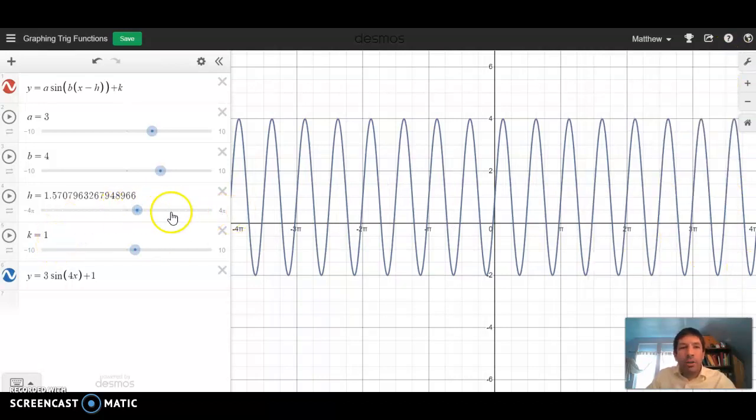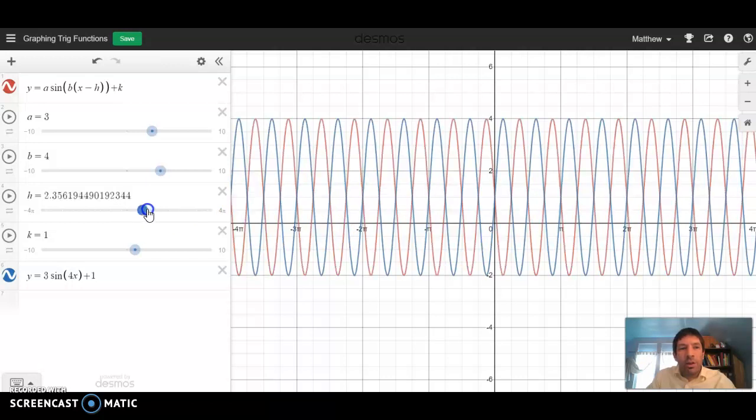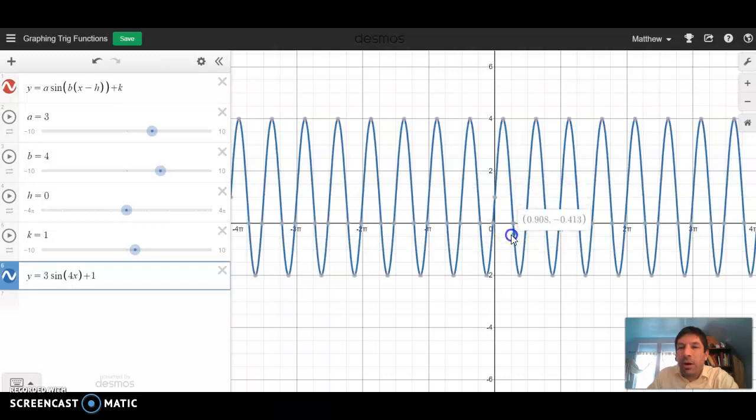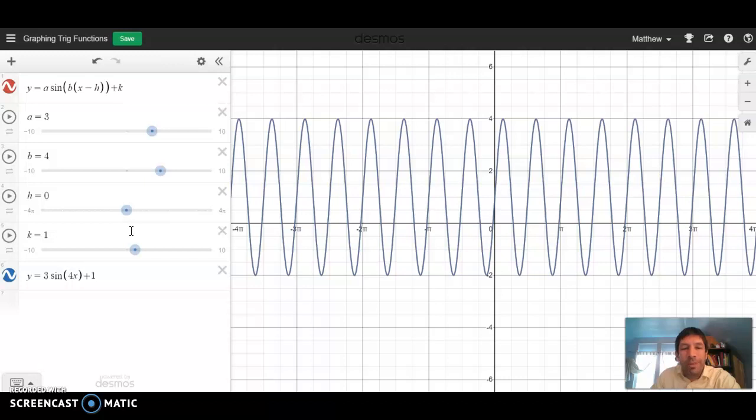All right, so now you can see, for example, that when we slide this over, okay, it's moving it left and right, and basically you can kind of see on the graph here, this line here would be pi over 4, this line here would be pi over 2, this would be 3 pi over 4, and that would be pi. And again, you can get that by taking these values and just dividing them by pi and seeing what the fraction comes out to.